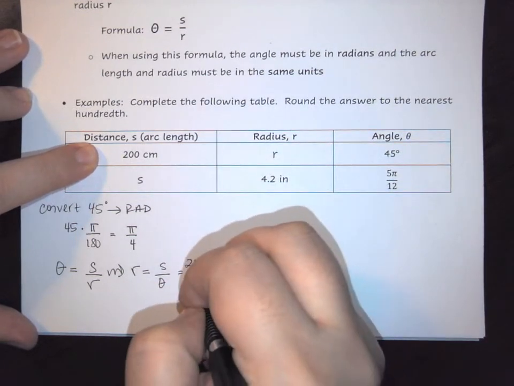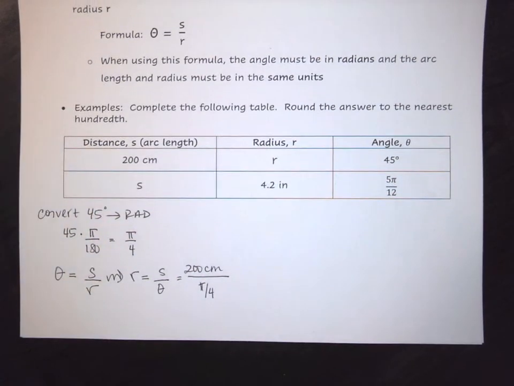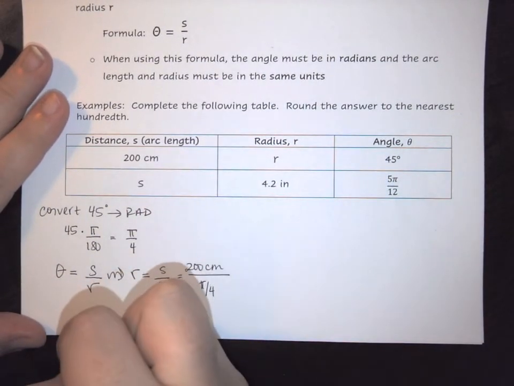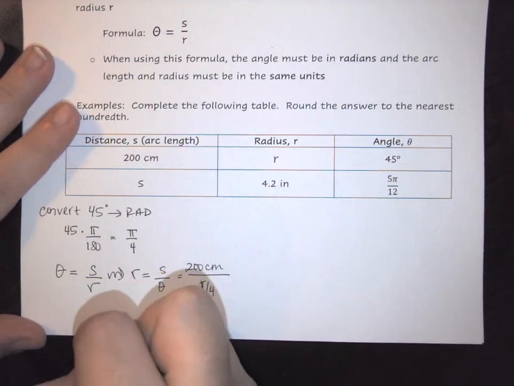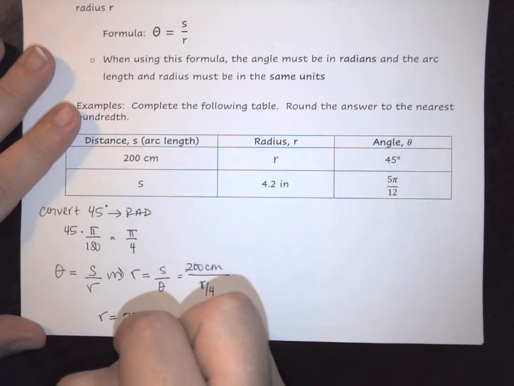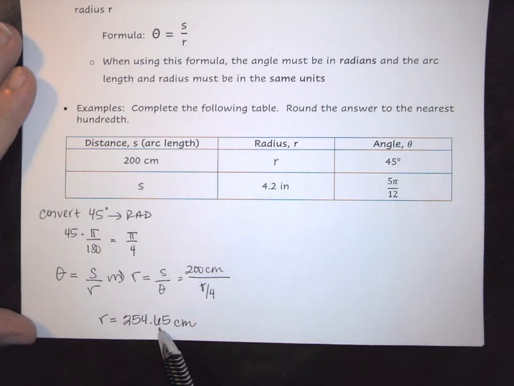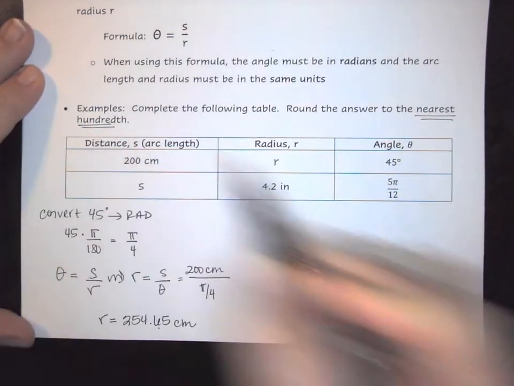My angle is pi over 4. So we would go ahead and do that. You can use your calculator to do it. But essentially you're going to come out with your measure, and so in this case, my radius would be 254.65 centimeters. Now the reason we converted this over to decimals is because your direction said so, nearest hundredth. Okay.